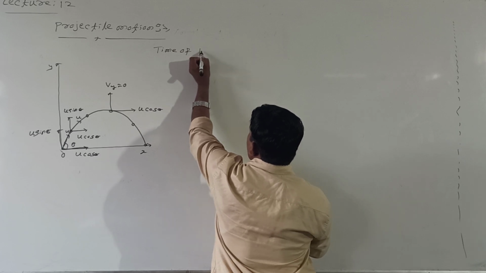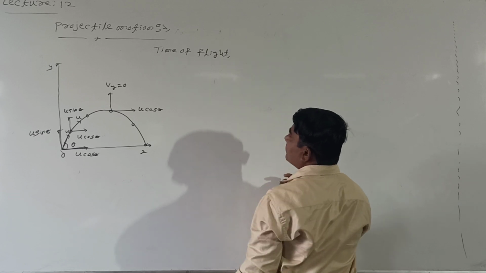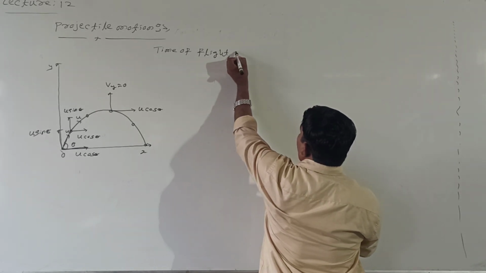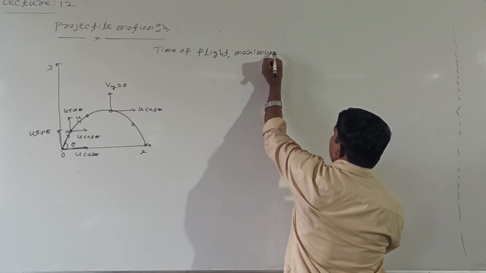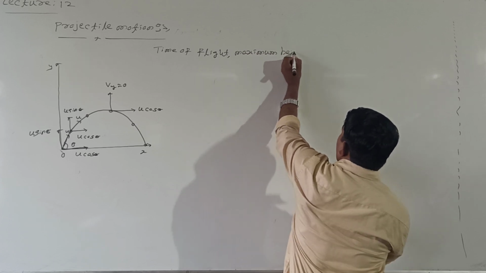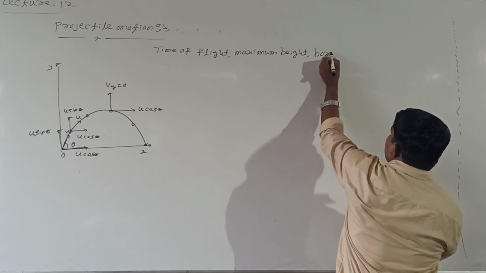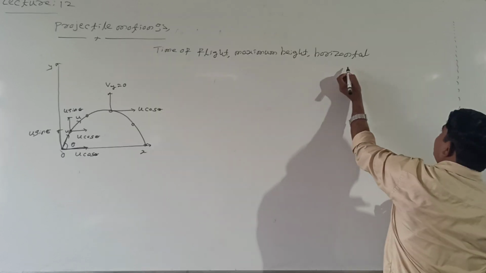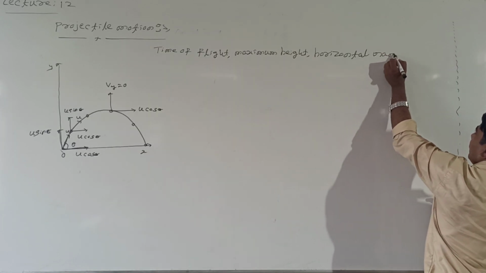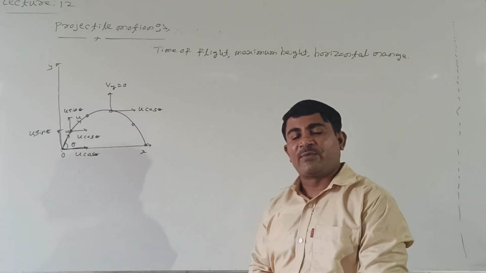Second one is maximum height. And third one is horizontal range. Let us see them one by one.